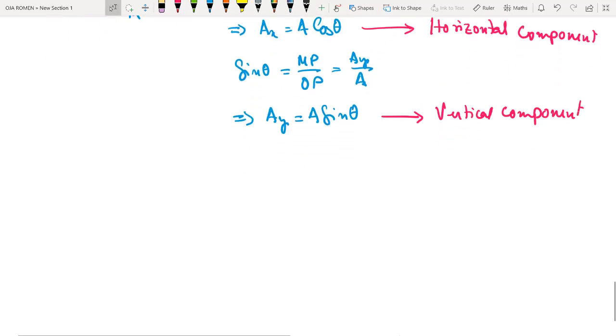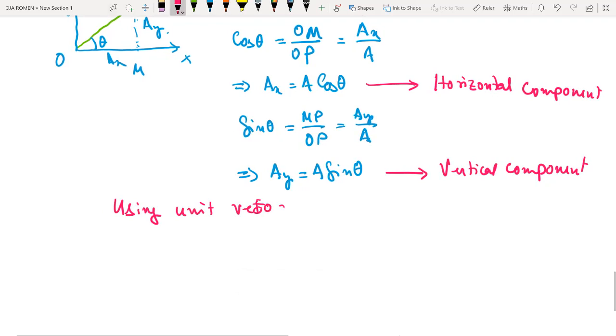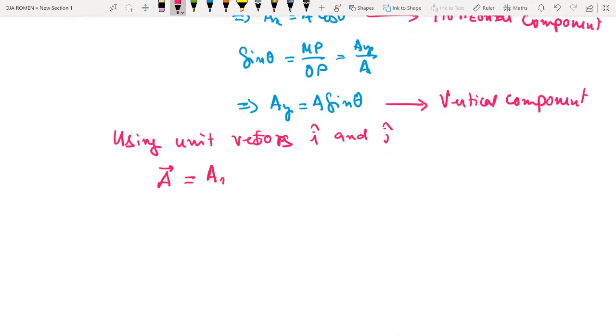Now using the unit vectors I and J, because we are considering the xy plane, the vector A can be AX I plus AY J. So what is AX?